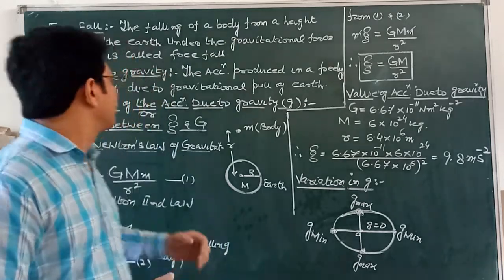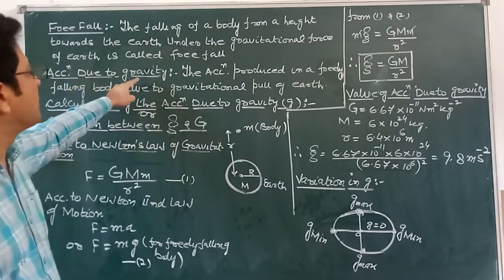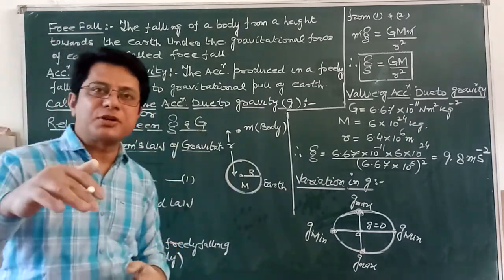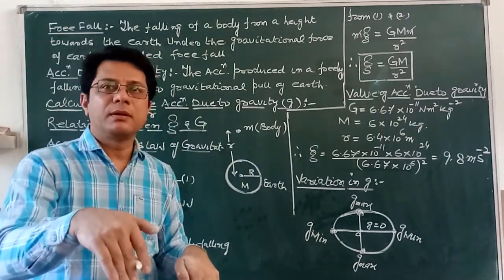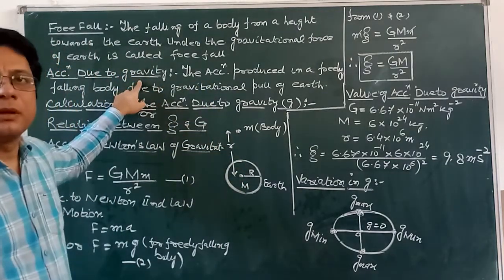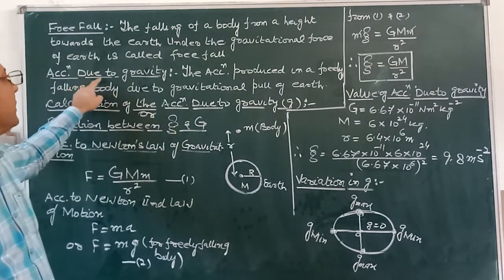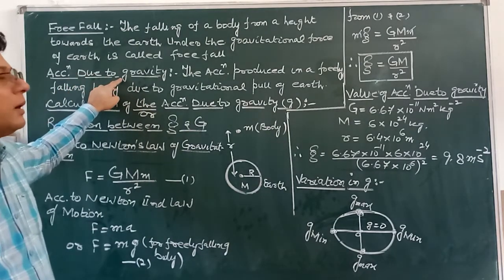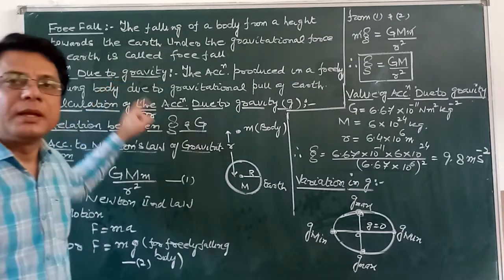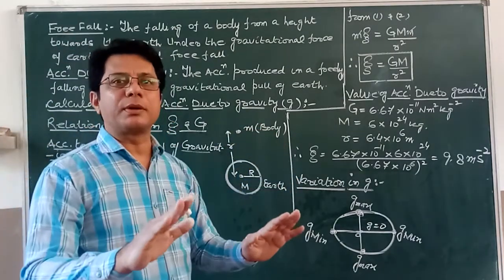Now come to the second thing: acceleration due to gravity. It is very clear from the name: the acceleration produced in a body due to gravity. So with the help of this, you can define yourself what acceleration due to gravity is.